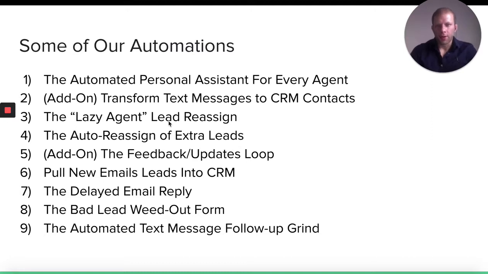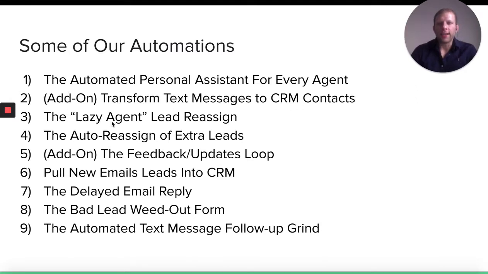So the 9 that we're going to go through today are, the first one is the automated personal assistant for every agent. This is our flagship product and is particularly useful if you have 50 or more agents. There's an add-on to that which transforms text messages into CRM contacts.